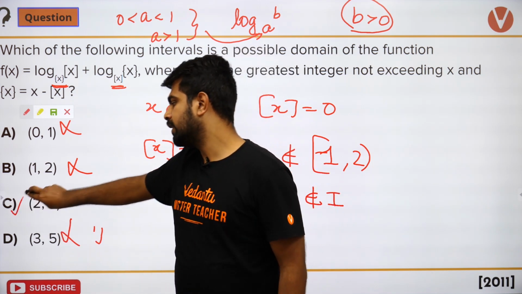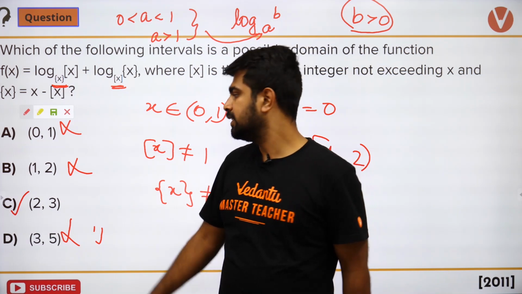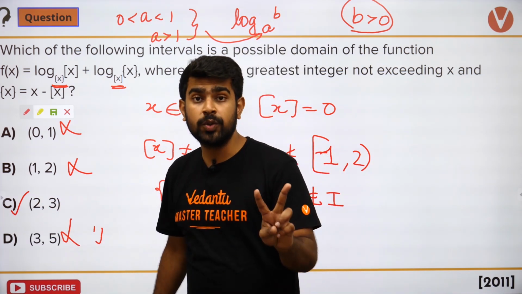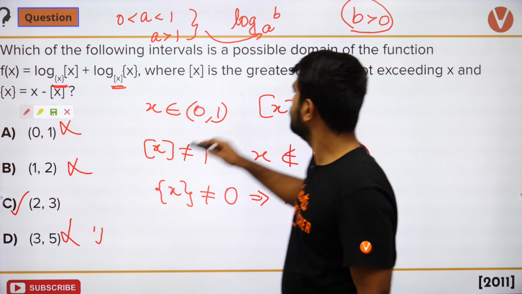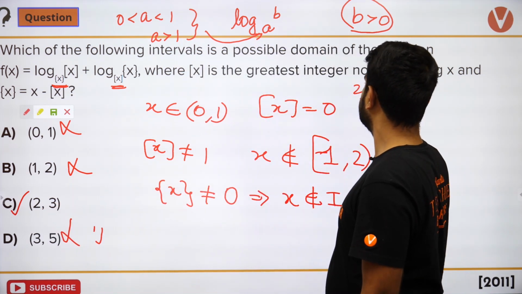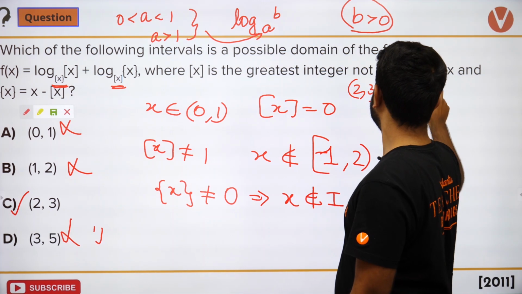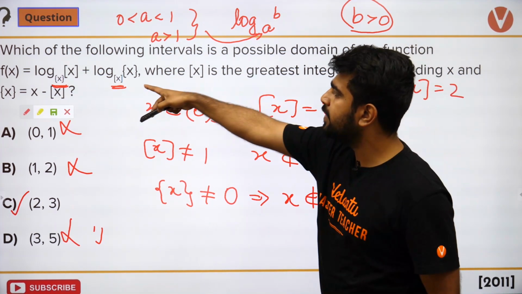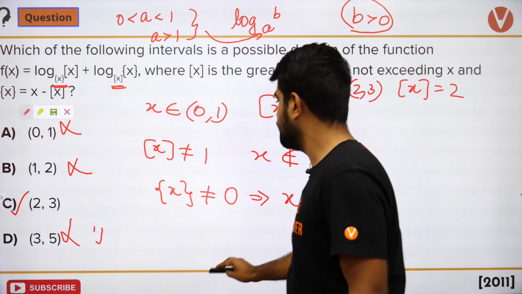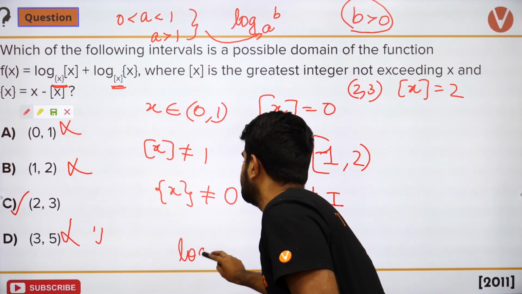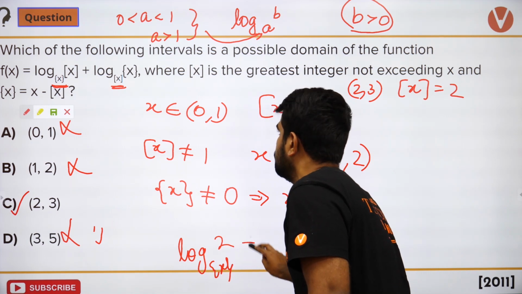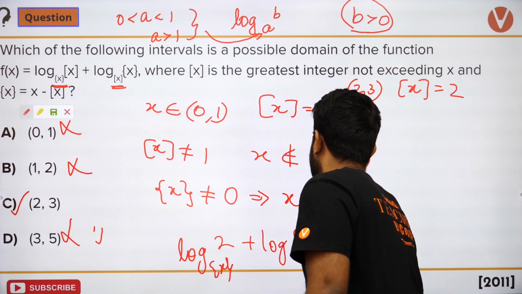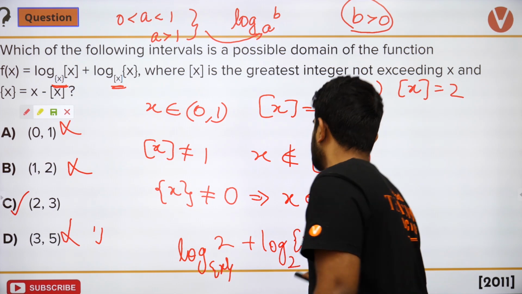So we are left with only one, and that is 2 to 3. Now 2 to 3, you see, both are not included, so integers are not present. Between 2 to 3, GIF of x will be equal to 2. So if GIF of x is equal to 2, what do you get? You get log of fractional part of x with base GIF of x, 2, plus log of fractional part of x with base GIF of x, 2.